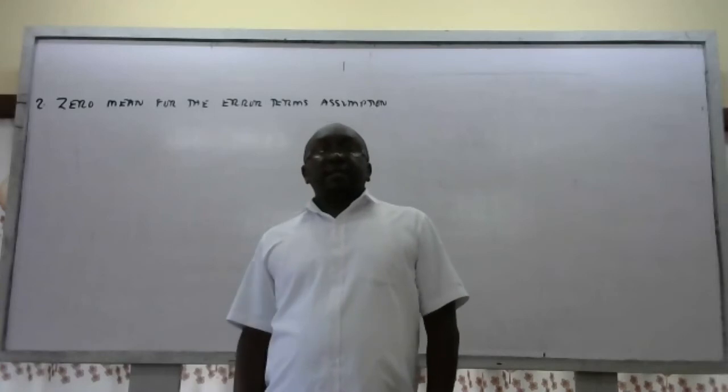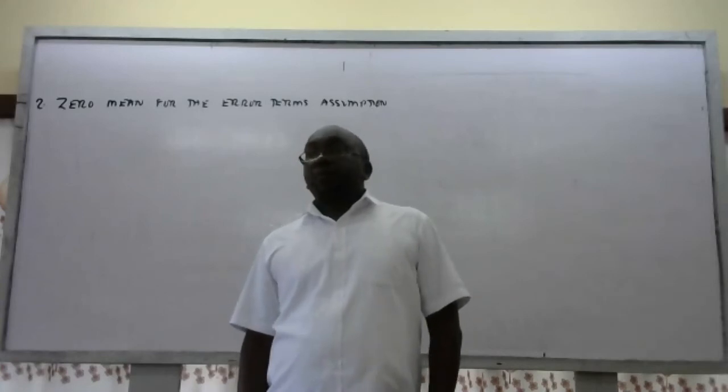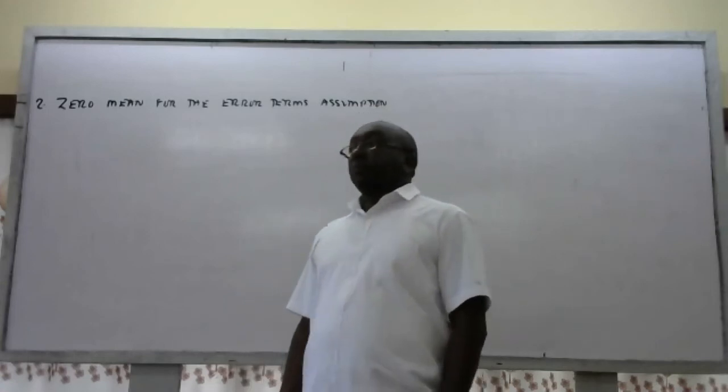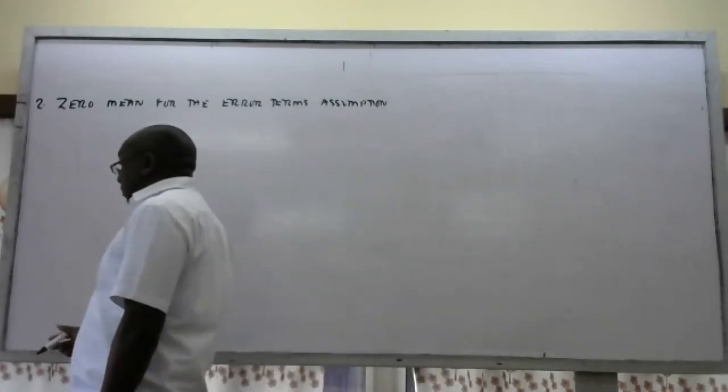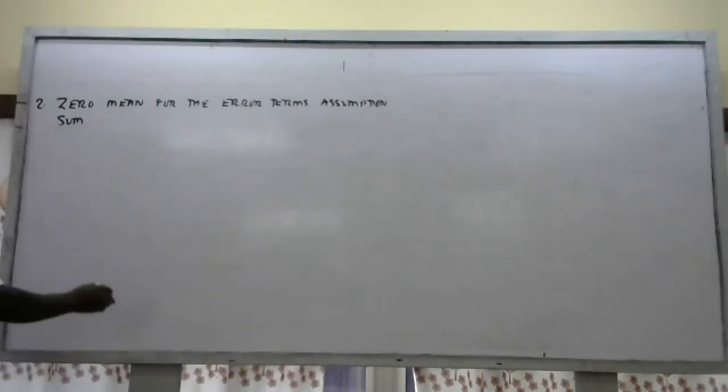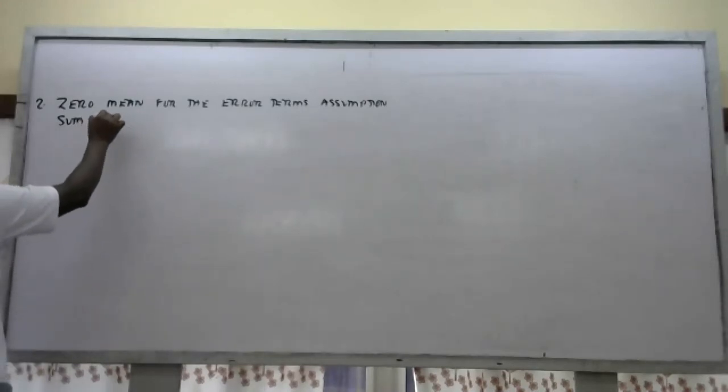This states that the sum and the mean of the error values should be 0.